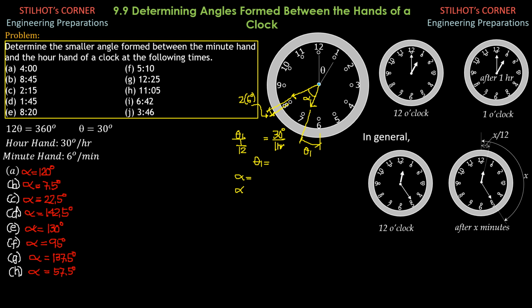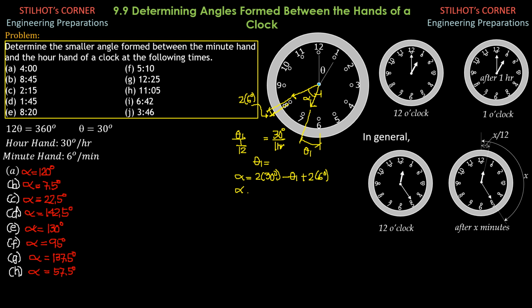So let's just set up alpha. 2 times 30 degrees from this up to the 8th mark. 6 to 8 is 2 times 30 or 60 degrees. Then we subtract theta 1 and we add 12 degrees. So 2 times 30 degrees minus theta 1, then plus 2 times 6 degrees or 12 degrees.